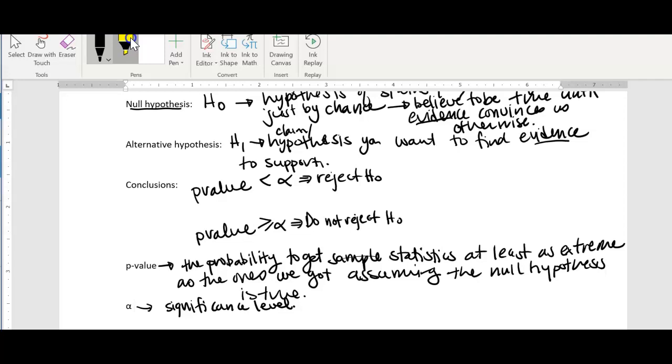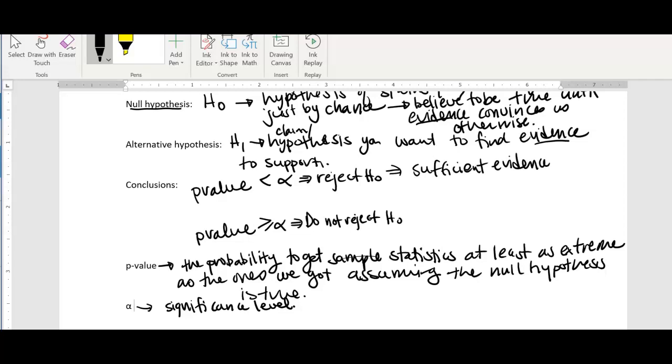If our p-value is not as small as our significance value, then you do not reject it because you don't have enough evidence to convince yourself that it was hard to get that sample statistic.